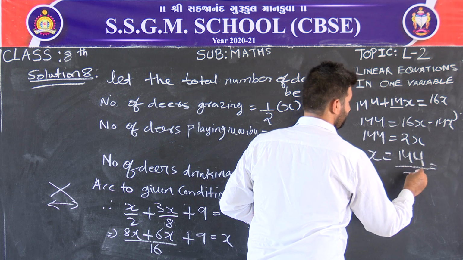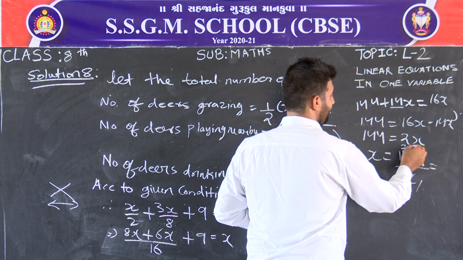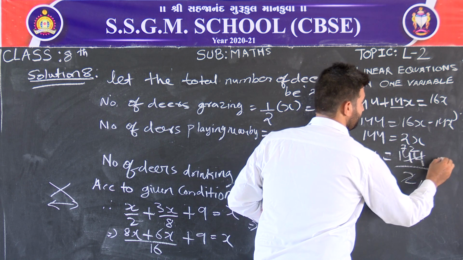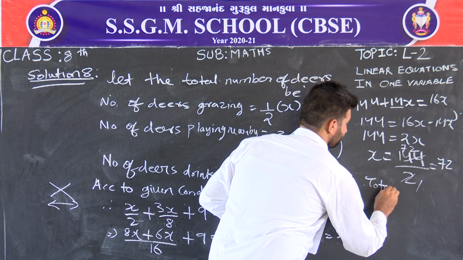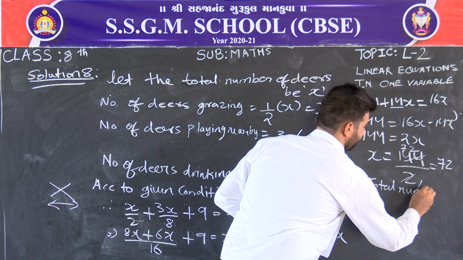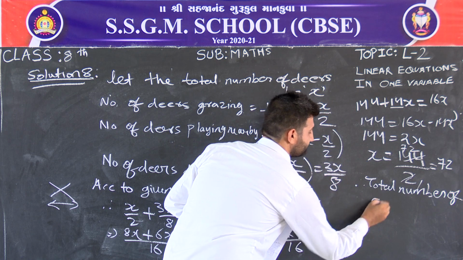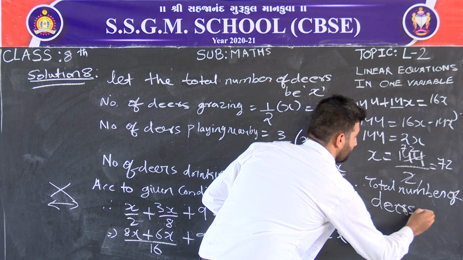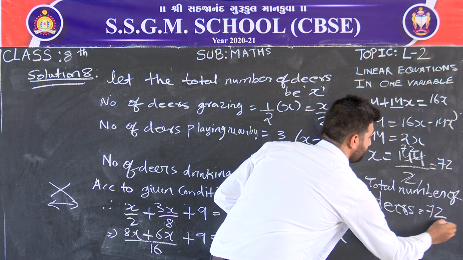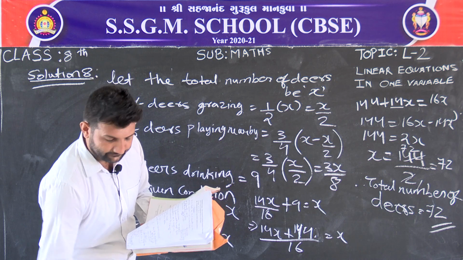It will become 72. Therefore the total number of deers is equal to 72. This is the final answer for question number 8.